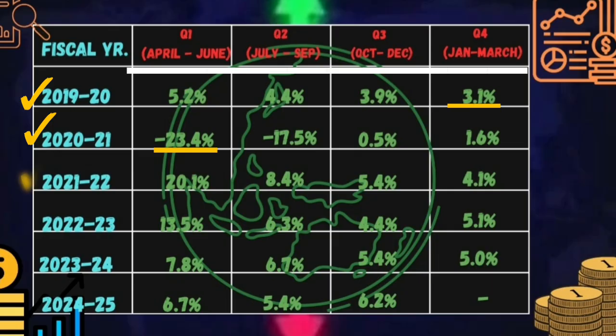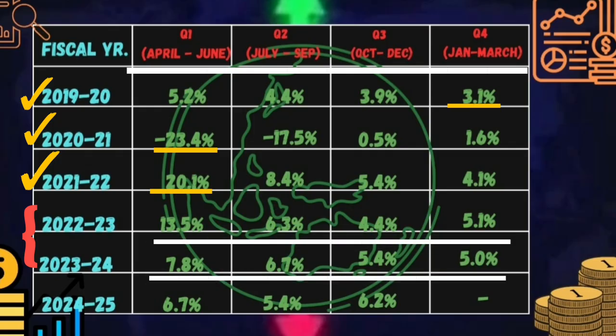For financial year 2021, a strong rebound occurred, particularly in quarter 1 with 20.1%. For financial year 2022 to 2024, growth rate stabilized with moderate increases across all quarters. For financial year 2024 to 2025, the first 3 quarters indicate a slight moderation in growth compared to the previous year.